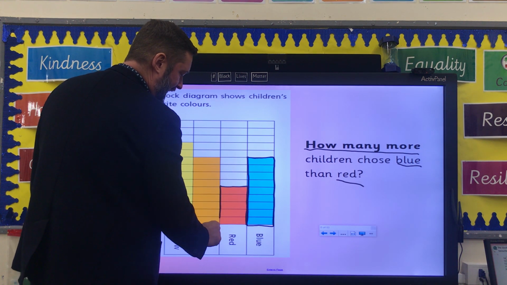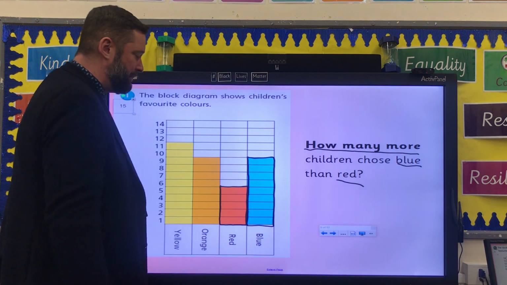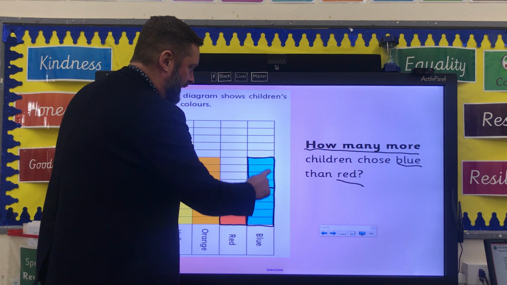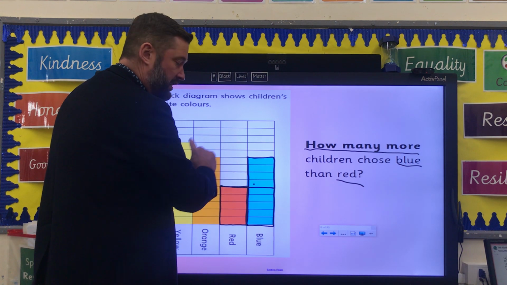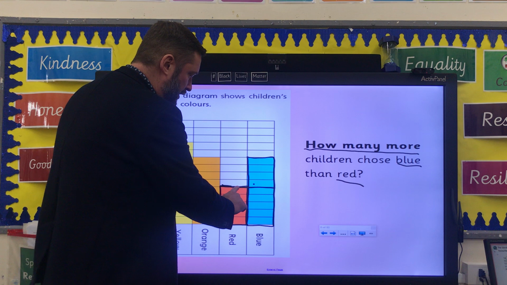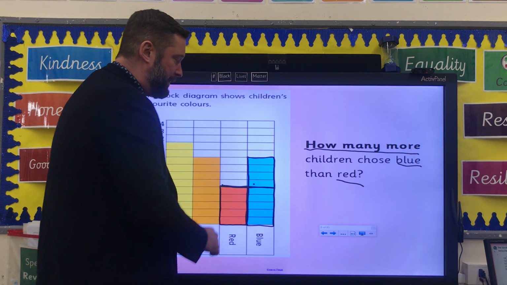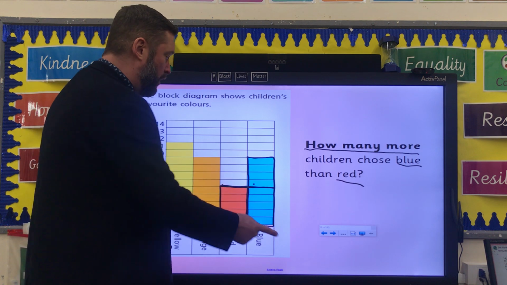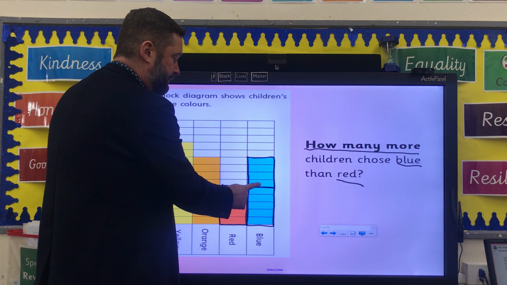Now we've got to count how many more. So that's where they are the same. And this is the bit that is more. So we're going to count from this line, because this is the bit that is more. How many more? Count with me.